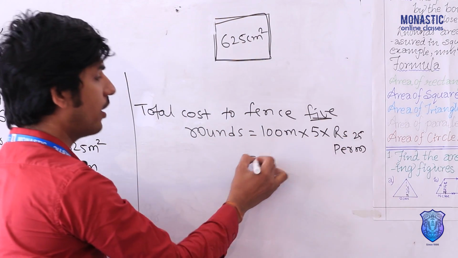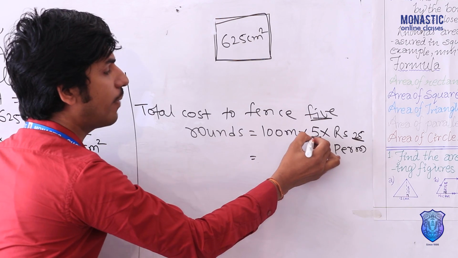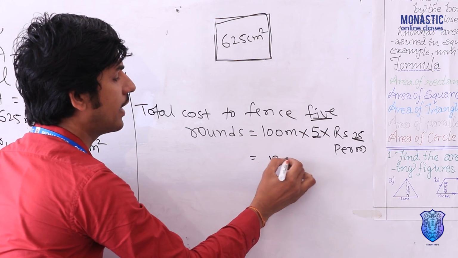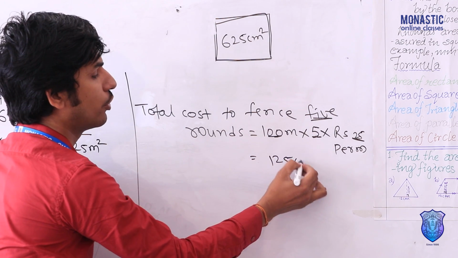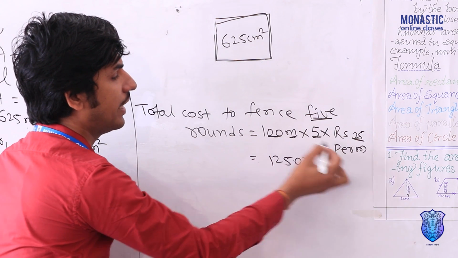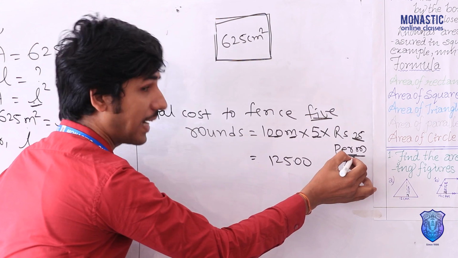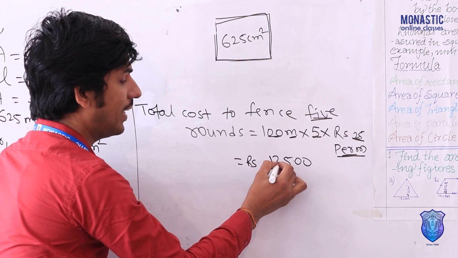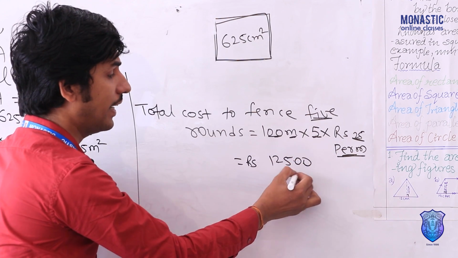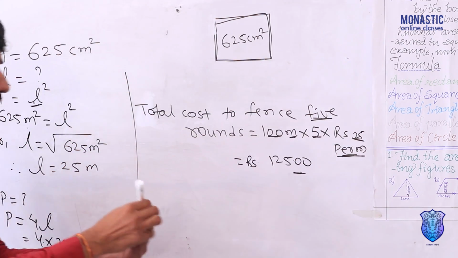Now multiply 25 into 5, that is 125. Meter and per meter both cancel. That gives 12,500 as the total cost.